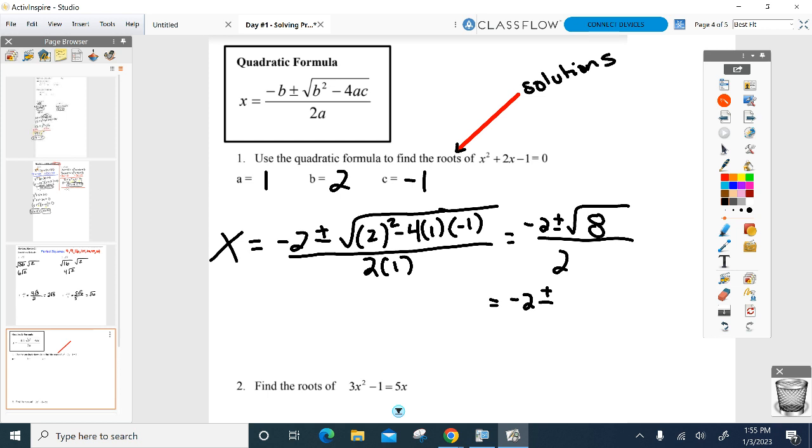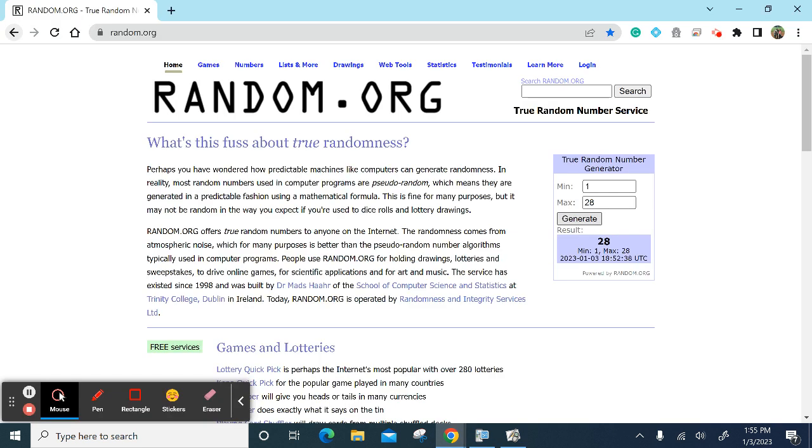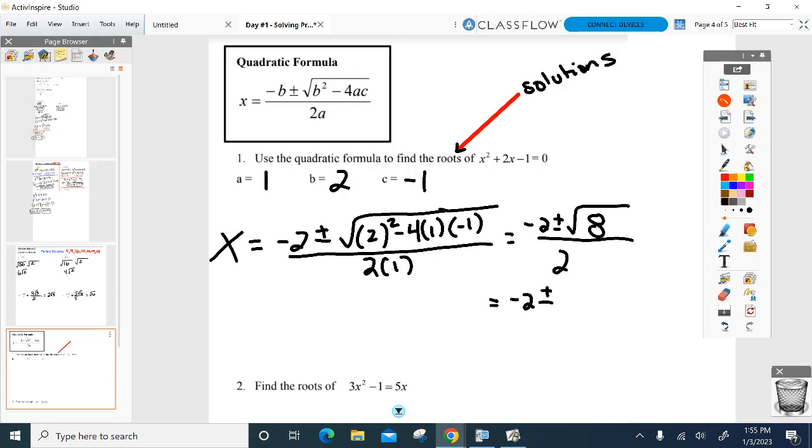So final radical, what's it simplified to? Radical 8 is radical 4 times radical 2, so you get 2 radical 2.